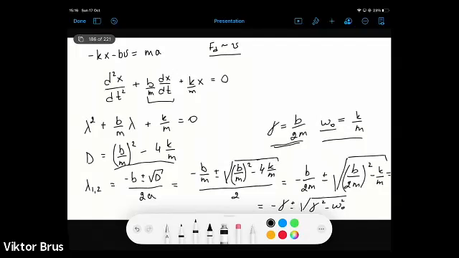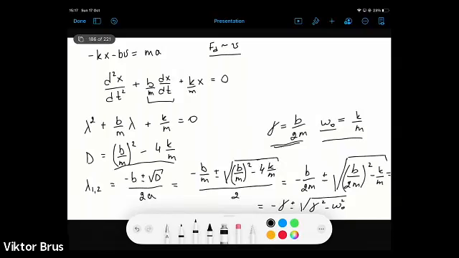Because you wrote that k divided by m is the square of omega 0, and it doesn't align with the previous one. Need to double check. Yes, yes.